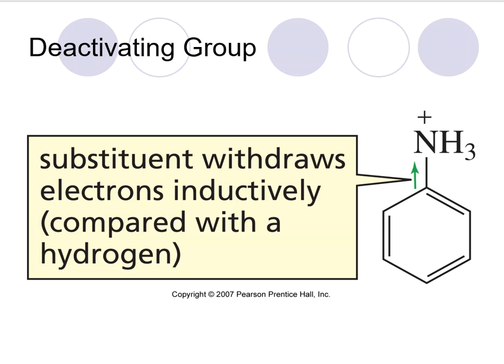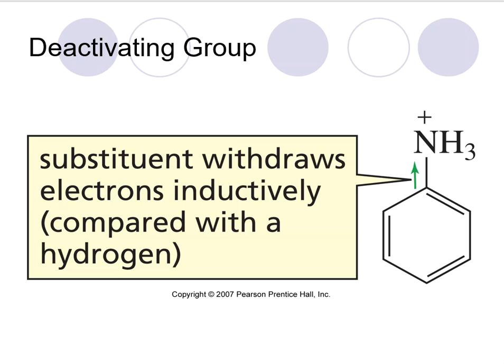And if it sucks electrons out of the ring, it destroys the delocalization. It makes that benzene weaker as far as nucleophile goes. The electrons are spread out more over an area. This is going to be a problem. And because of that, it withdraws the electrons from the ring, making benzene a weaker nucleophile, and it makes it more stubborn in the reaction.